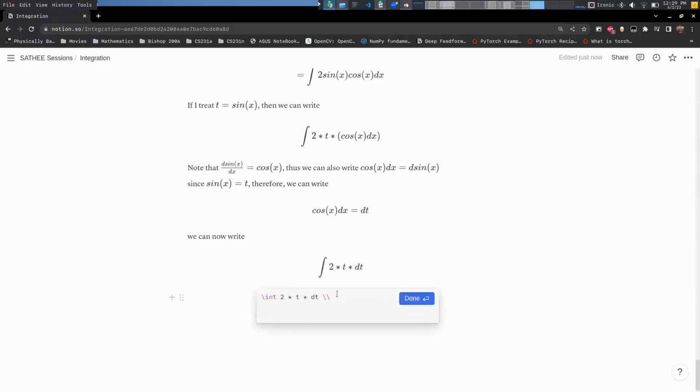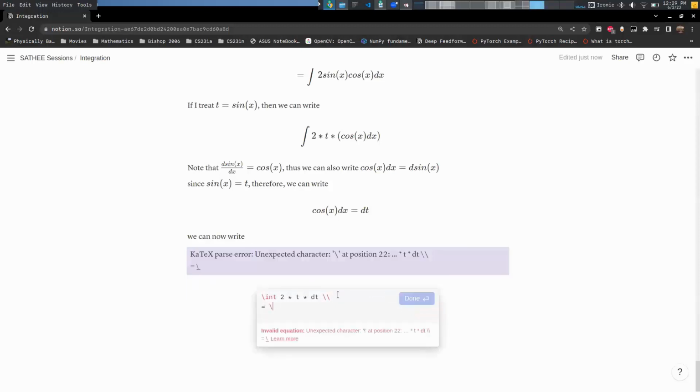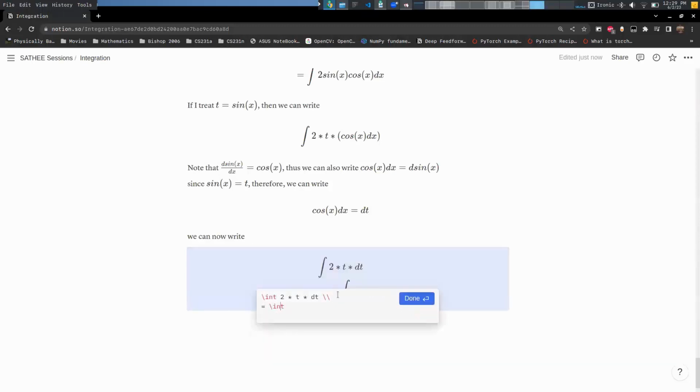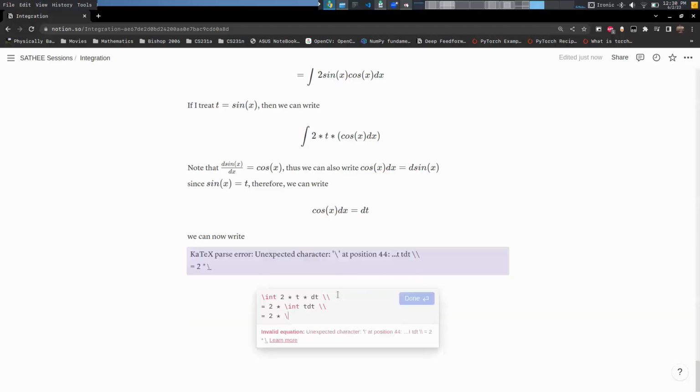From this it becomes pretty easy to solve. We can just write it as 2 times integral of t dt, and this we know from our basic formula.